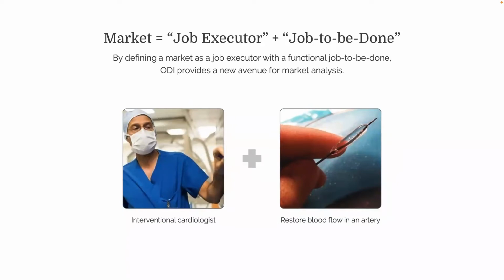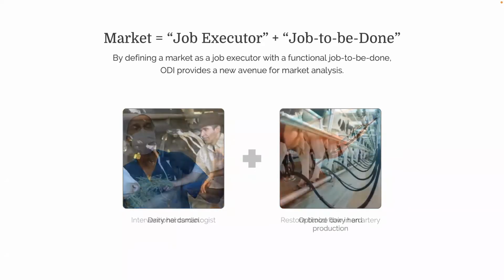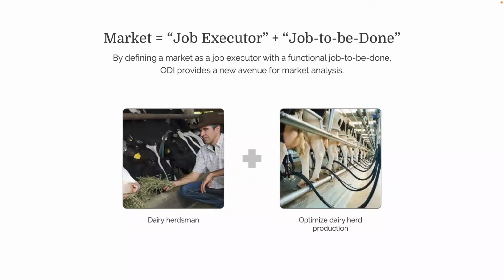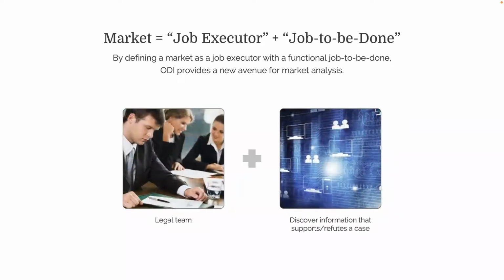Again, we define a market as a group of people, like Cortis did, the interventional cardiologist trying to restore blood flow in an artery, which is the job to be done. Or like Arm & Hammer did, dairy herdsmen who are trying to optimize dairy herd production. Or like Kroll Ontrack did, a legal team trying to discover information that supports or refutes a case.